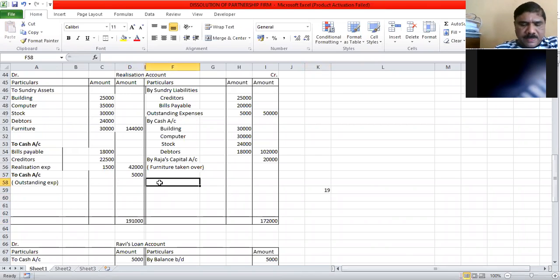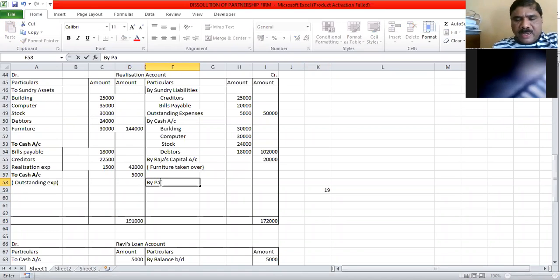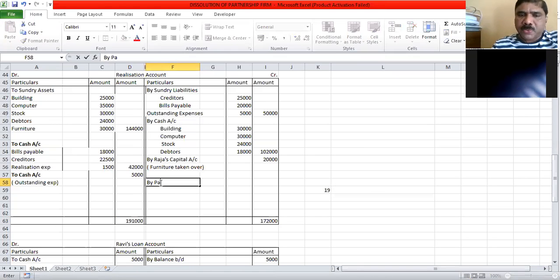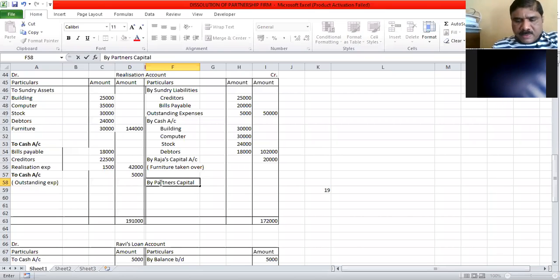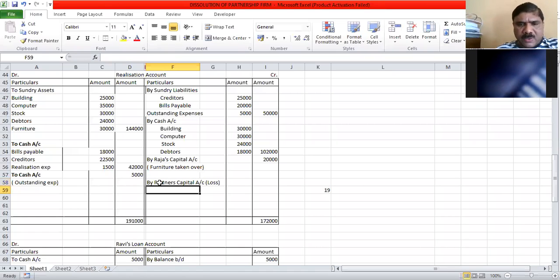19,000 on the debit side. You can write like this also: by loss on realization transferred to partners' capital. Otherwise you can write partners' capital account. These are not all necessary, but you can write it. So there are two partners.